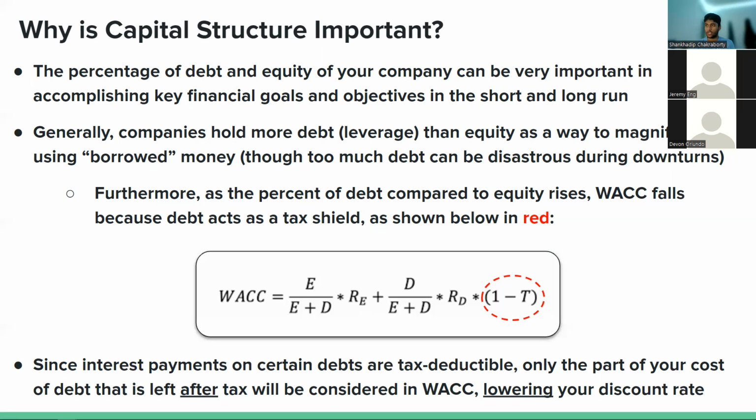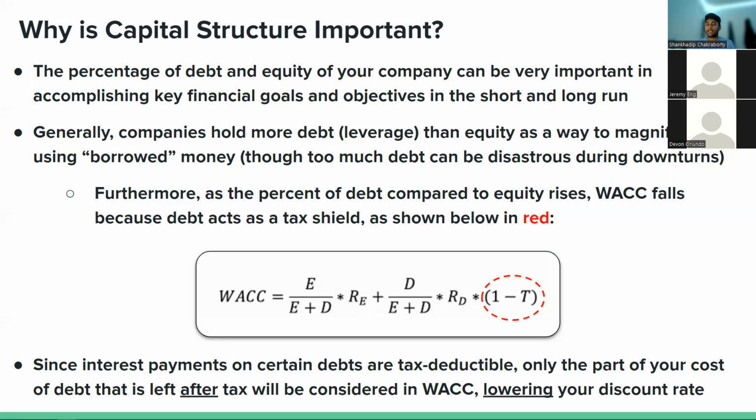I know it's slightly confusing, but essentially taxes help you because of that 1 minus t. As long as that t is positive, which it always will be, there's no such thing as a negative tax rate, your WACC will be lower because your overall debt percentage will be lower. Return on debt times debt percentage times 1 minus tax, right?